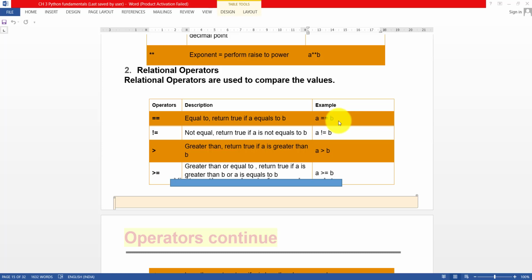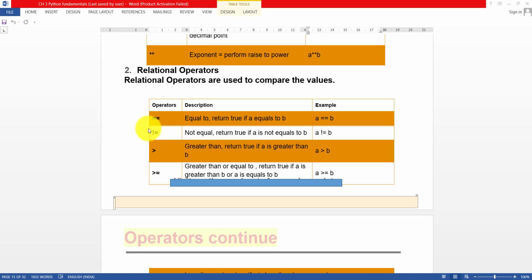You will get the answer false. If the value of A is 5 and the value of B is 5 and we use A equivalent B, the answer will be true. That totally depends on the values of A and B. So we can use these operators for comparison.